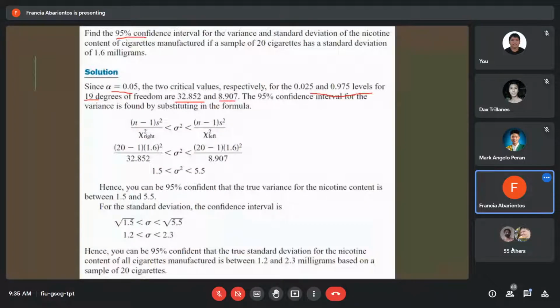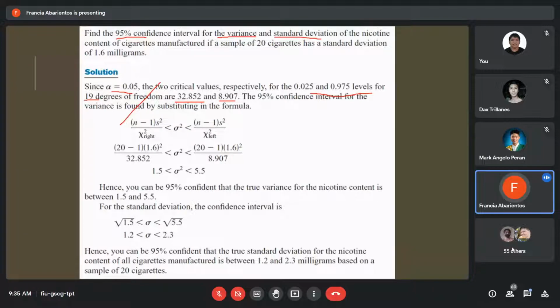Okay? So, you now have your distribution using the chi-square, I mean the values. Since we are given a 95% interval for the variance, we need to substitute it. What did we do? We got the interval for the variance. Okay. Earlier, class, you just square it, and that is now the standard deviation.